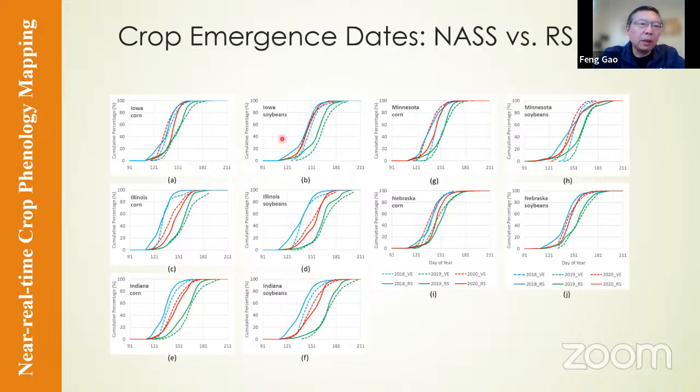We can see that, especially for these two, Illinois and Indiana, they have very different emergence and planting dates in the area from 2018 to 2020, so we can identify this trend based on remote sensing. I want to say there are differences because we are not looking at the same area. Sometimes NASS has sampling sites, and remote sensing is pixel-based, probably with more coverage to reflect the entire state.